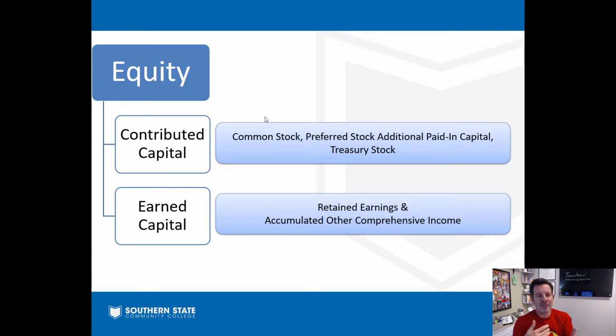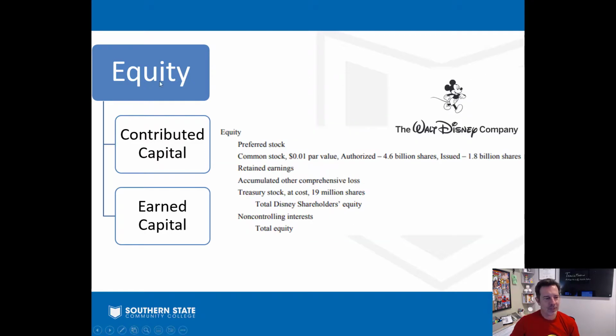The cumulative profits that we've earned and held in the business. There's also a second little categorization there called accumulated other comprehensive income that captures a lot of those paper gains that we have. We'll talk about that later on as well. Not too important right now, though. So there's our equity part for Disney. And there's my contributed capital. And there's my earned capital.